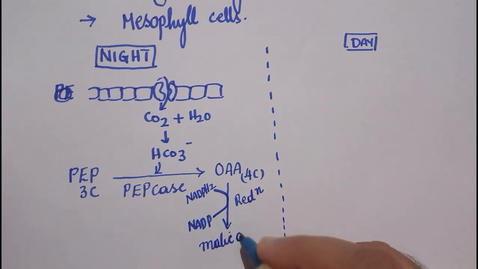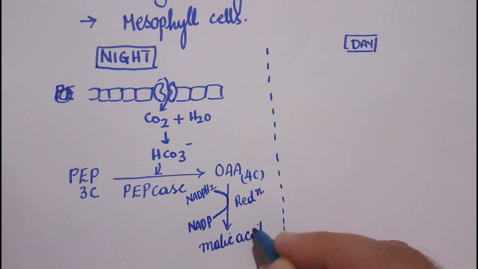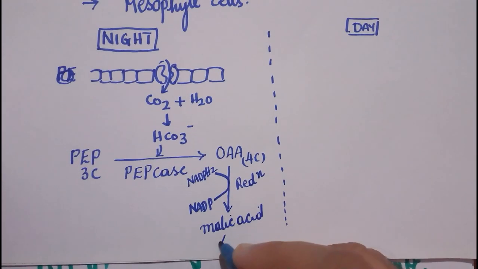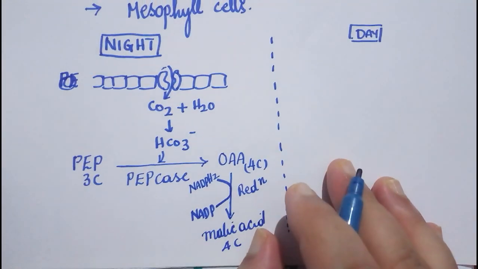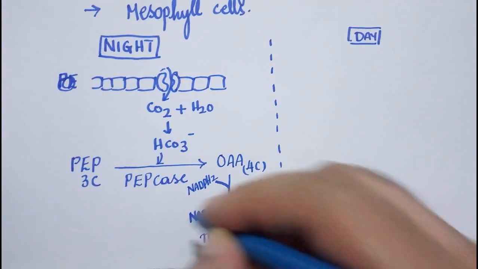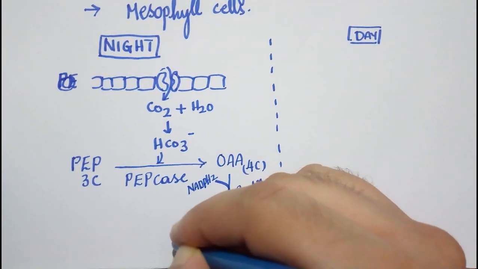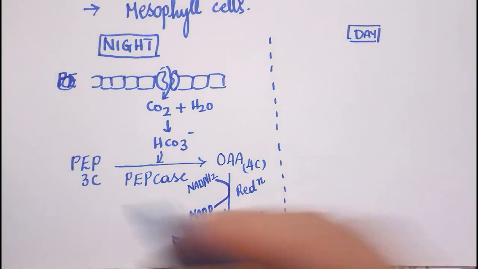It's forming what acid? Malic acid. Now this malic acid is also how many carbon acid? This malic acid is also a 4-carbon acid. Now this malic acid that is formed here, actually it is malate.